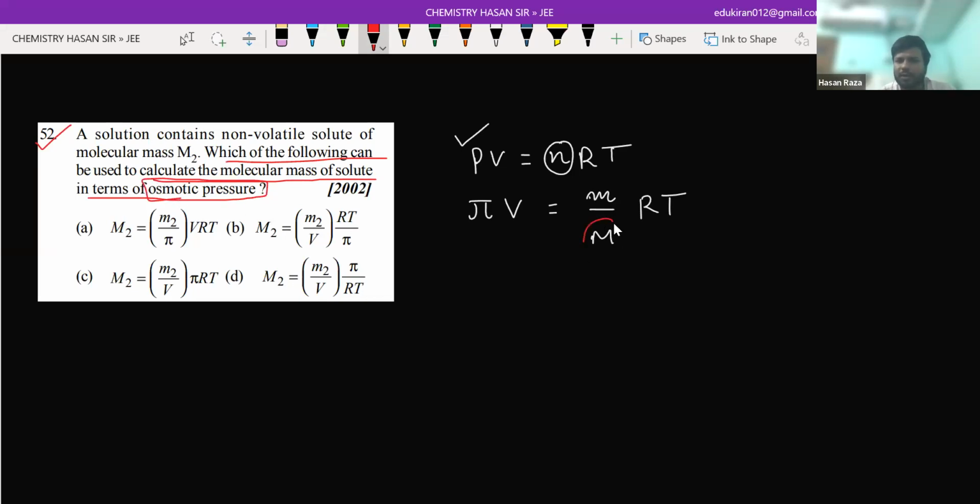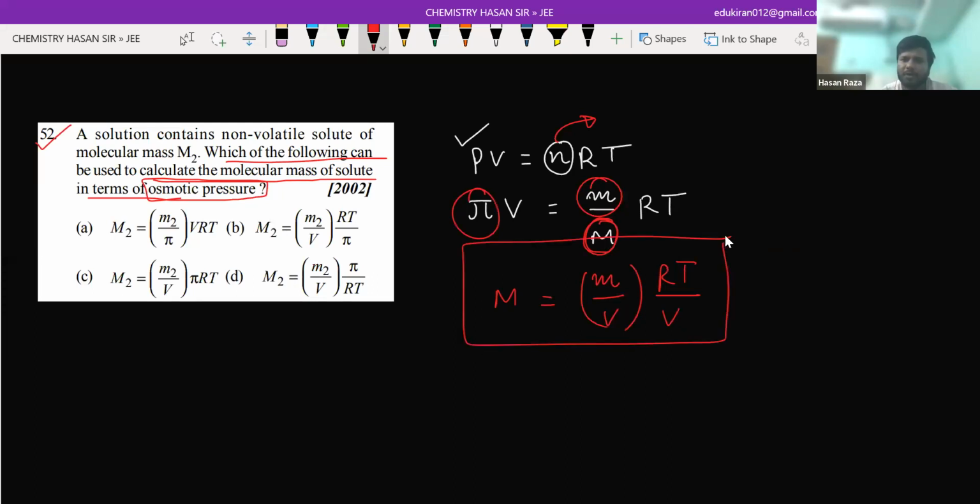So you can see this is the number of moles of solute, and this is the molecular mass of solute. So M will be equal to, you can see, m upon V, we can write RT, and this pi will also come in the denominator. So according to this, the formula is your B. Are you getting my point? Shahid and Faiza.